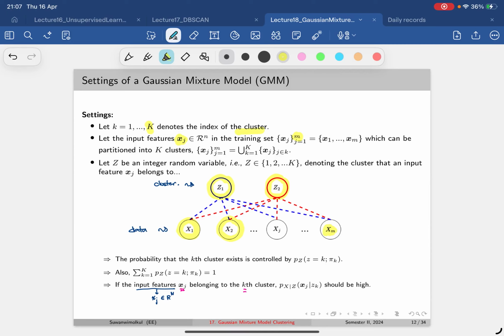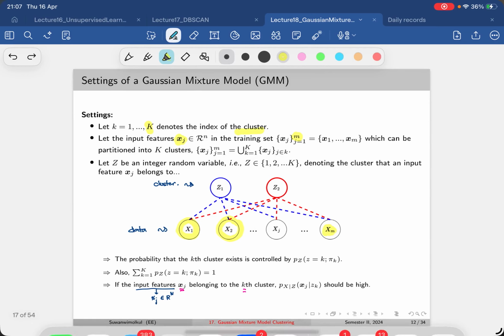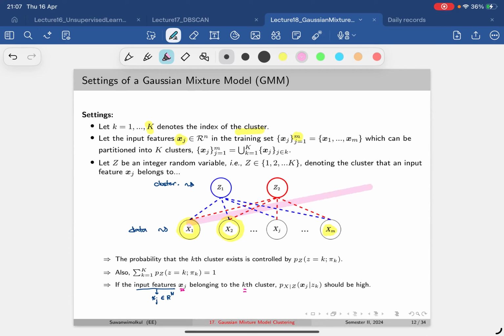If we assume there are only two clusters, we will have Z1 and Z2 only. But if there are k clusters, you will have more, up to ZK, and this ZK has a relationship with all of the x.